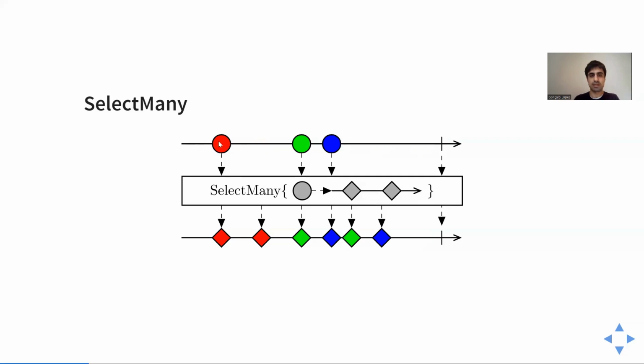So for example, here in this case, this marble arrives and 2 diamonds come out, and the way this is specified is via a workflow. If multiple workflows get triggered, the outputs of all of them will be merged or flattened together in the output sequence, so they all will run in parallel.